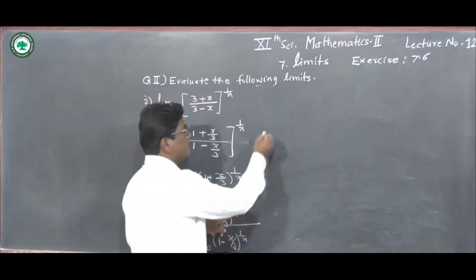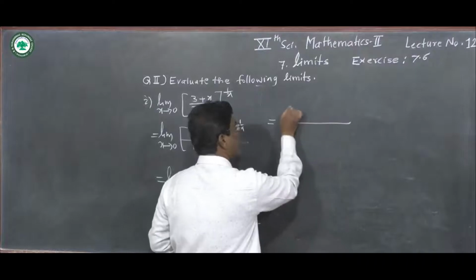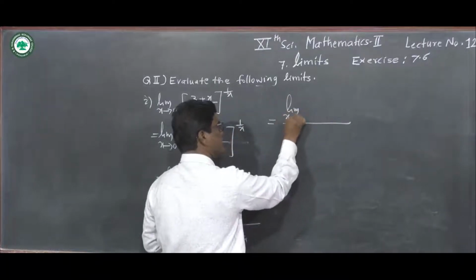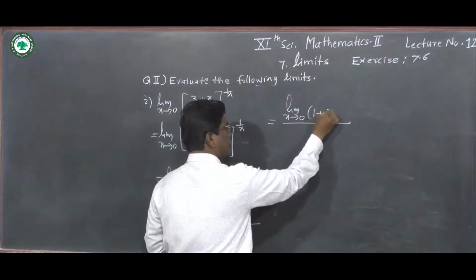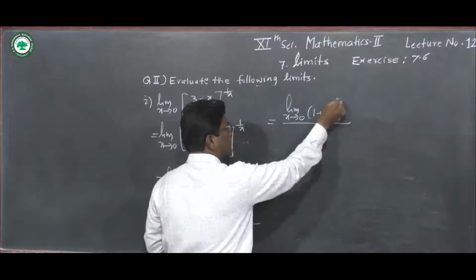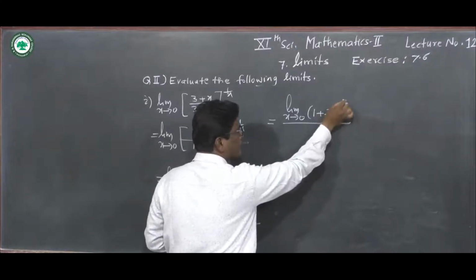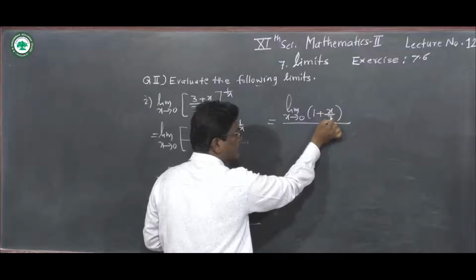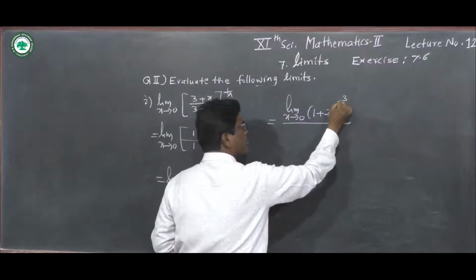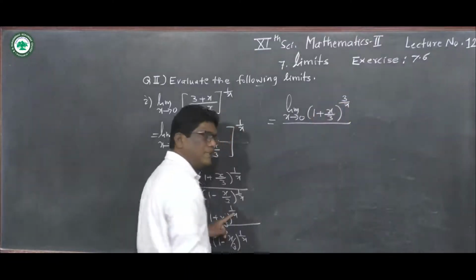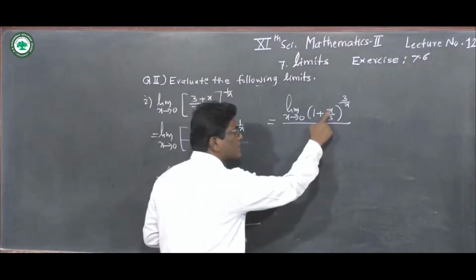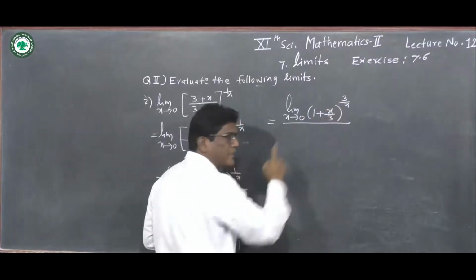So we take the adjustment like this: limit as x tends to 0, 1 plus x upon 3. We want here a reciprocal of this. So x upon 3's reciprocal is 3 upon x. We write directly the reciprocal, that is the reciprocal of x upon 3 as 3 upon x.